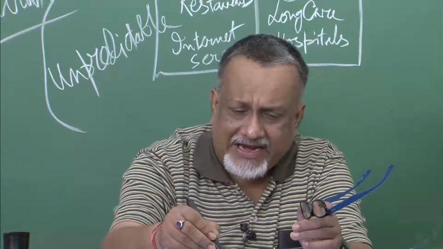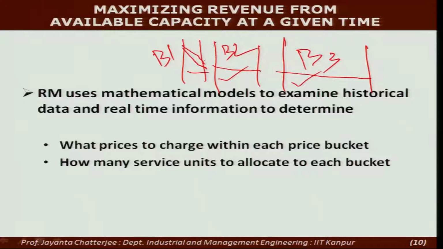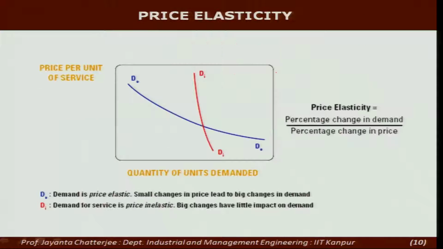But the way I just now drew the graph for different types of buckets, you can easily understand that what we are looking at is that the demand, this we have seen earlier, that the quantity of units demanded has a correlation with price per unit of service. So, there is a certain type of demand.